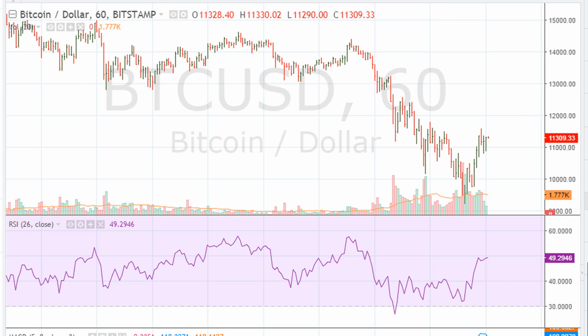Notice there is a possibility that this is actually wanting to form a double top on the hourly. Now, it's one thing to hit this line once, but if you hit this line two times and form a double top, that is more of a bigger signal. In other words, a double top is more reliable.